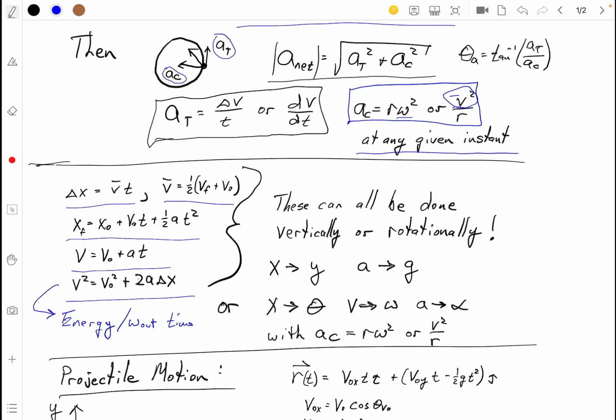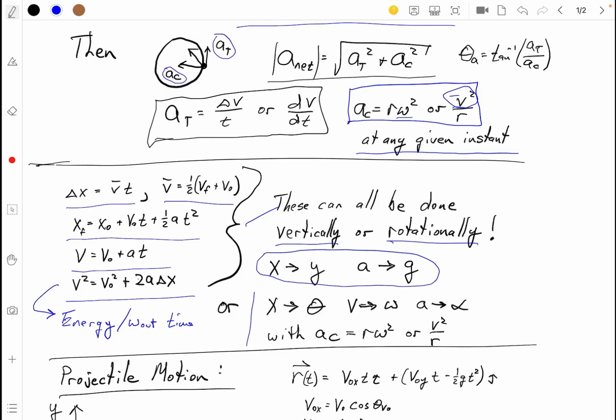Okay, so you can take all of those things and they can all be transmitted to a vertical situation where you would look at turning your x to a y, and then your acceleration is now a g. Or you can do it rotationally.